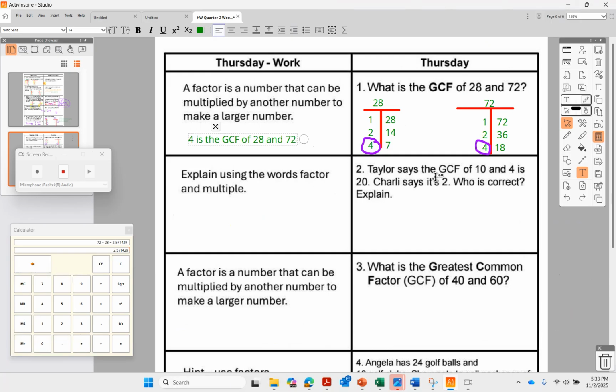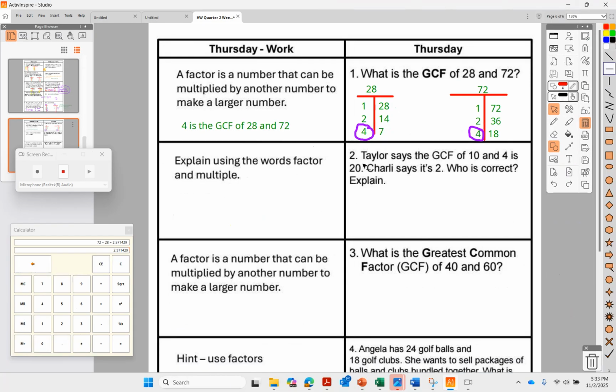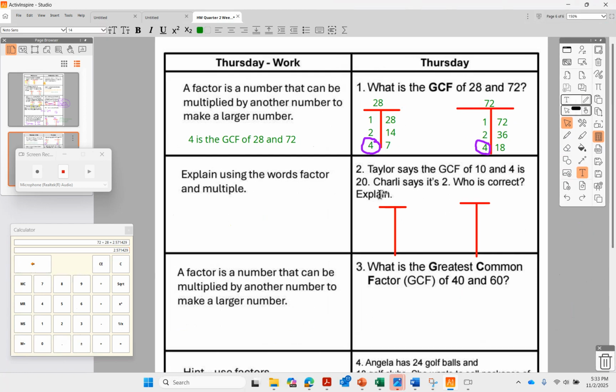Taylor says that the GCF of 10 and 4 is 20. Charlie says it's 2. Who is correct? So, yep, you guessed it. We're going to make our table. Probably already have an idea of how this is going to go. So the factors of 4: 1 times 4, and 2 times 2.